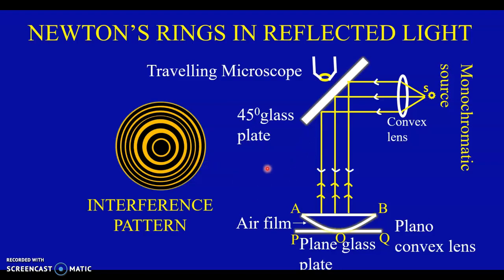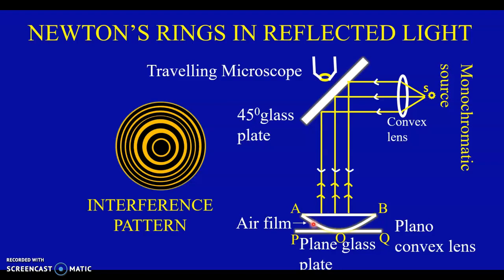So here the question is where the interference is taking place and which rays are involved in the interference. Here you can see this is the incident beam of light. This incident beam falls on the plano-convex lens, and in between the plano-convex lens and plane glass plate there is an air film.